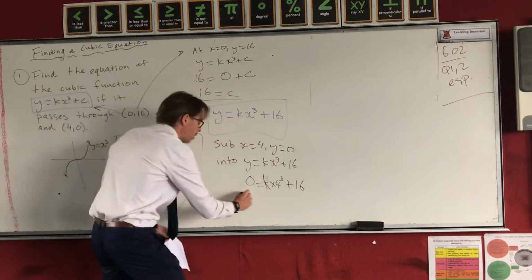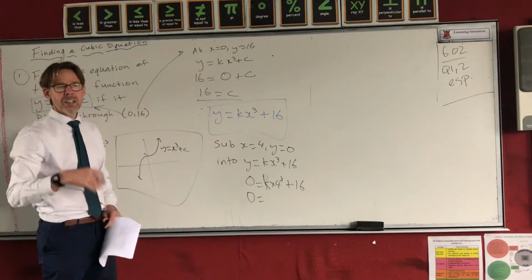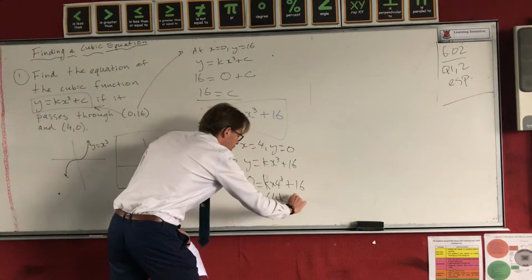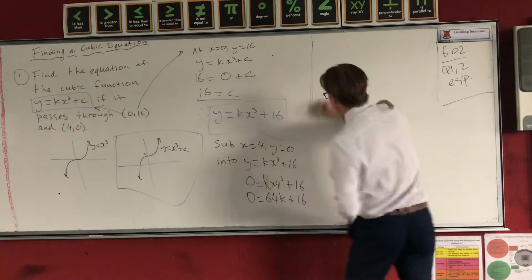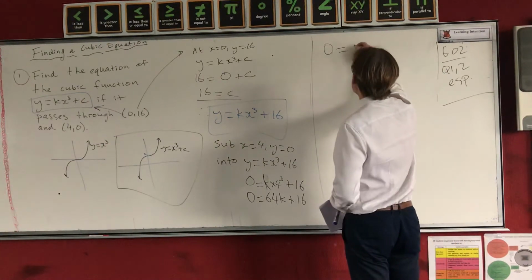Now 0 equals. What's 4 cubed? 4 fours are 16, 16 times 4 is 64, so that's 64k plus 16. Now that's an equation we can solve. I'll write it up again here.